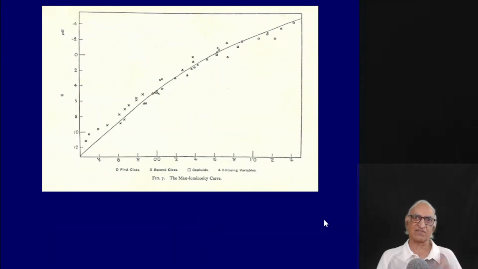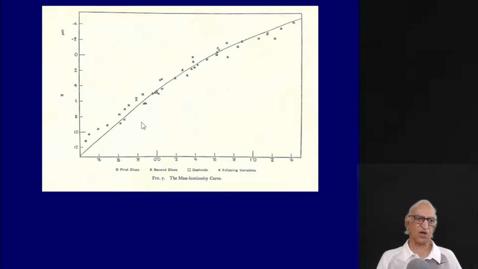Let us compare this with observations. Eddington compared it with observation. What is shown on the y-axis is the luminosity of the star increasing, going from bottom to the top, and what is on the x-axis is the mass of the star.